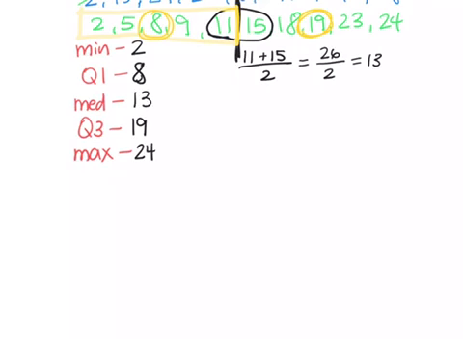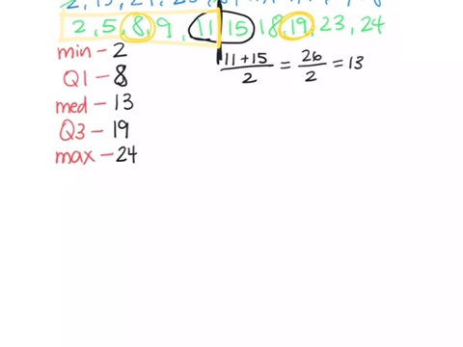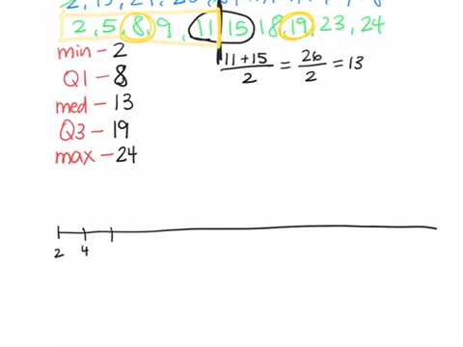So I'm going to create my number line and count by 2s. Okay, so there's my number line.